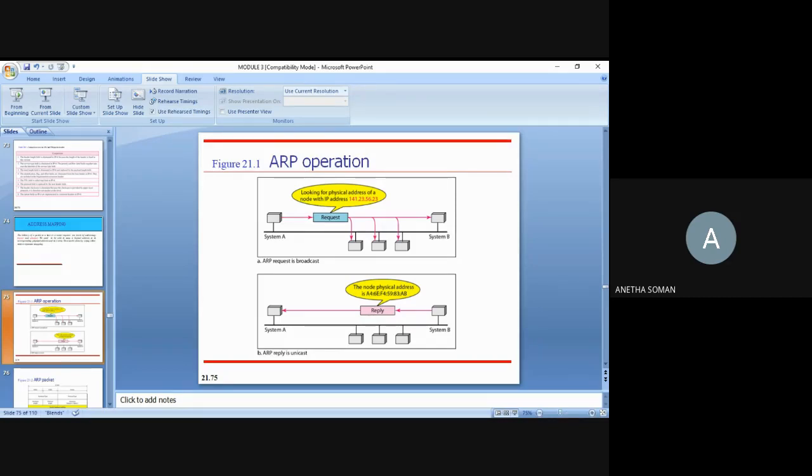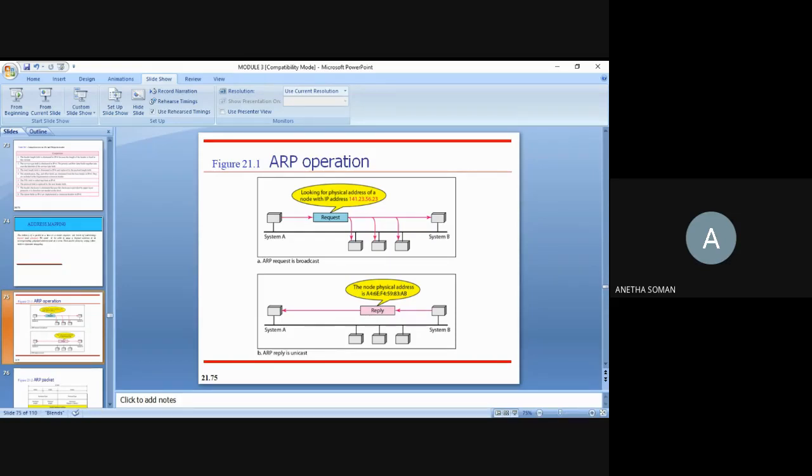Two types of addressing schemes are required in order to transfer it: the IP address and the MAC address, or physical address. When you are sending it, the source knows only the IP address of the receiver. It does not know the physical address. So the ARP protocol helps to obtain the physical address of the target computer.